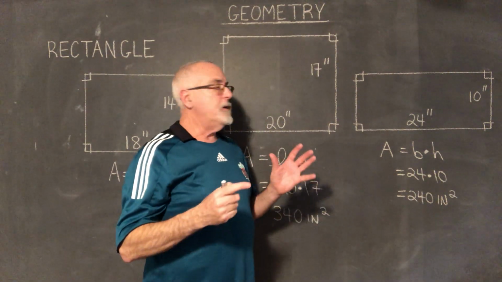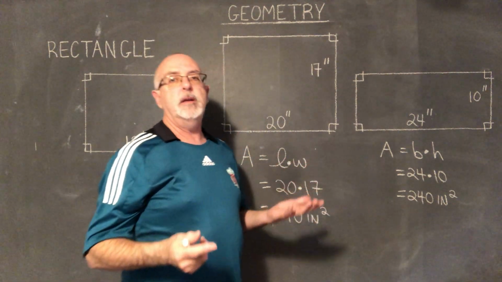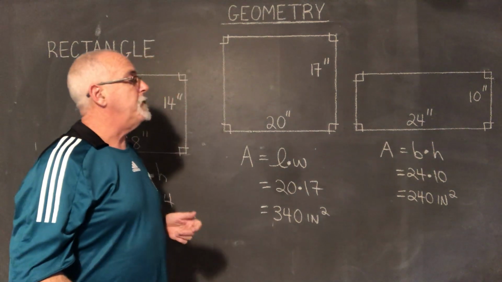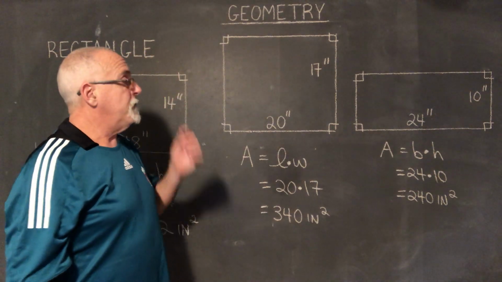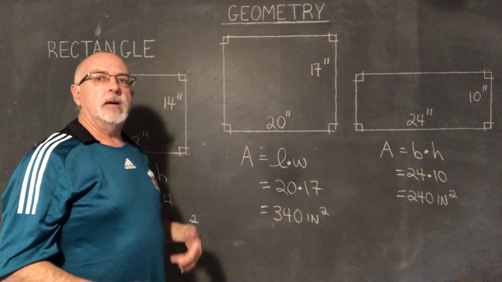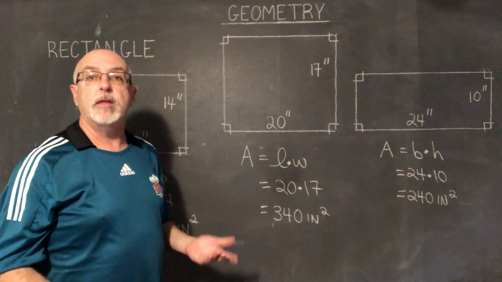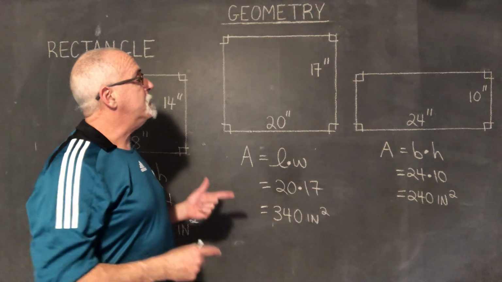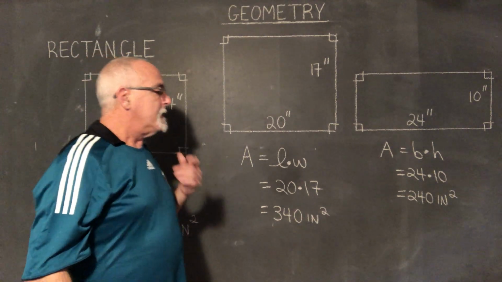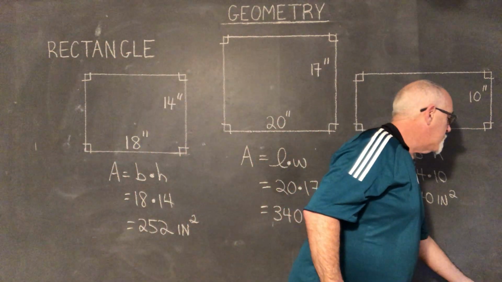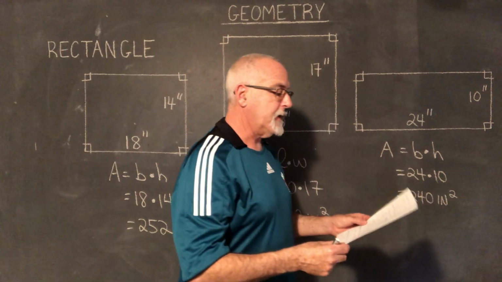So the area of a rectangle formula is easy to use, it's easy to remember, and that's good because it's very useful to help us understand the area formulas for some of the other shapes that we want to cover in this lesson.